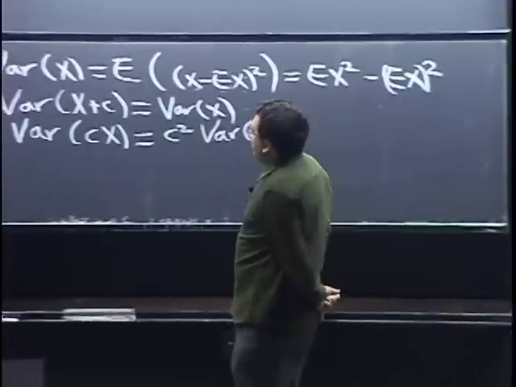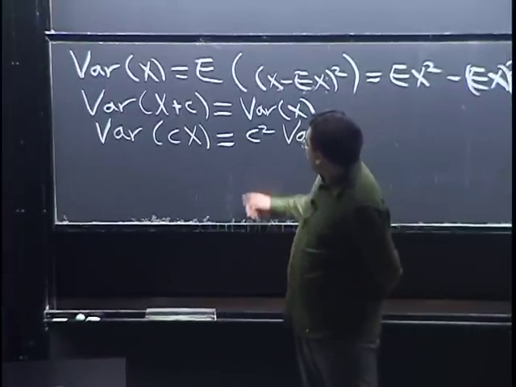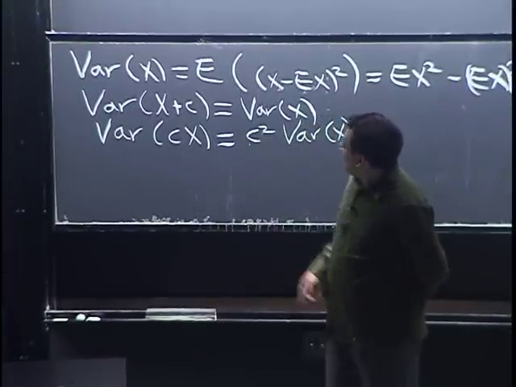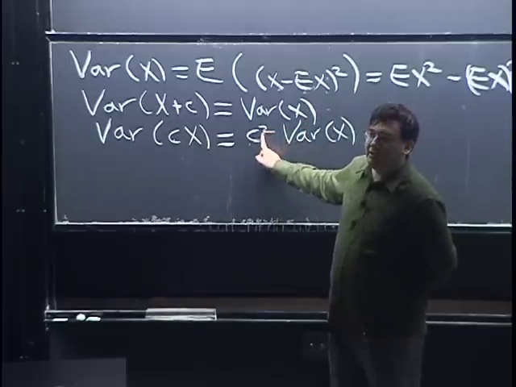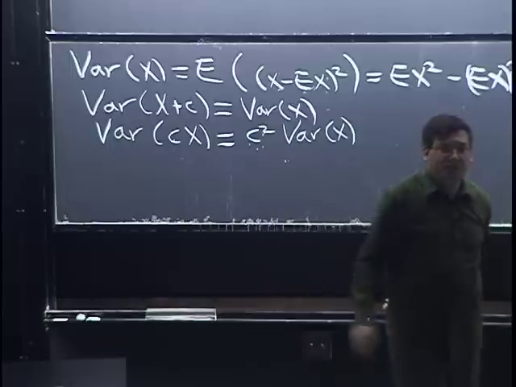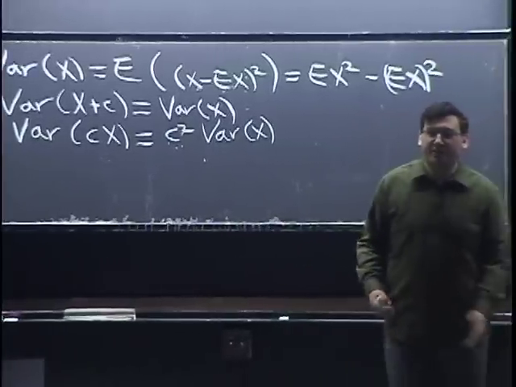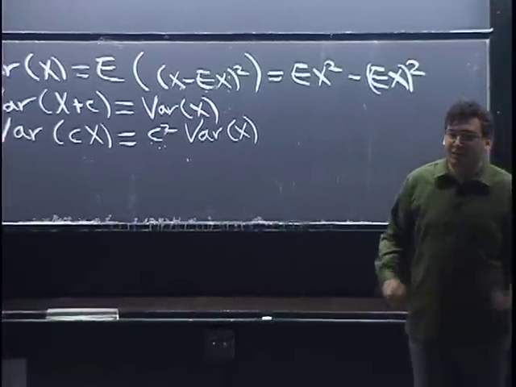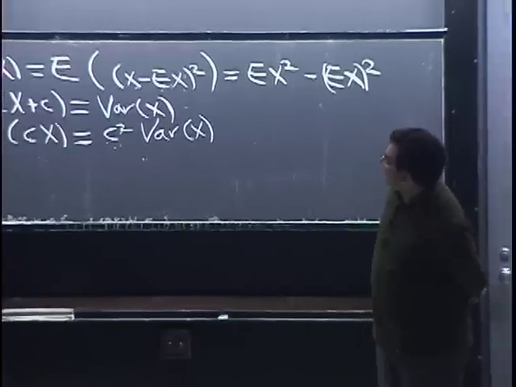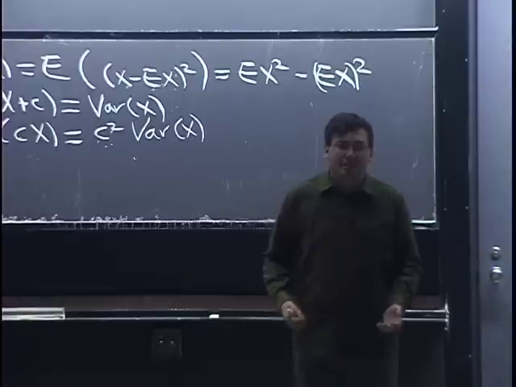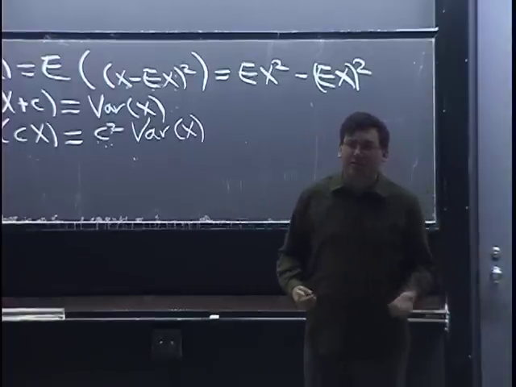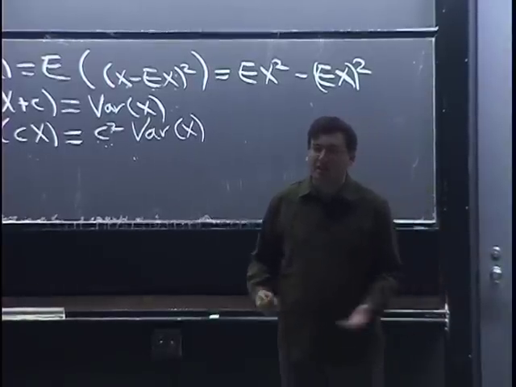An easy way to see that is if c is negative, this is still valid. But if you forgot to write the square, you would get a negative variance. If you ever get a negative variance, that's very, very bad. Variance cannot be negative. So anytime you compute a variance, the first thing you should check is whether what you wrote down is at least non-negative.